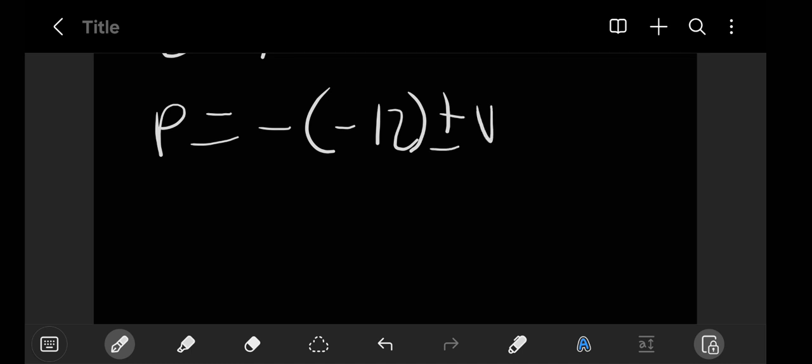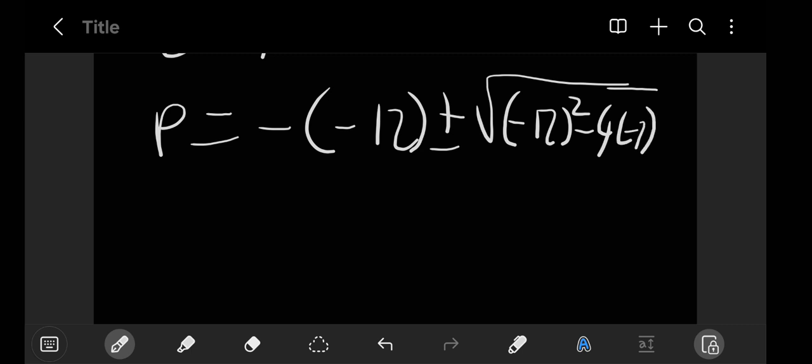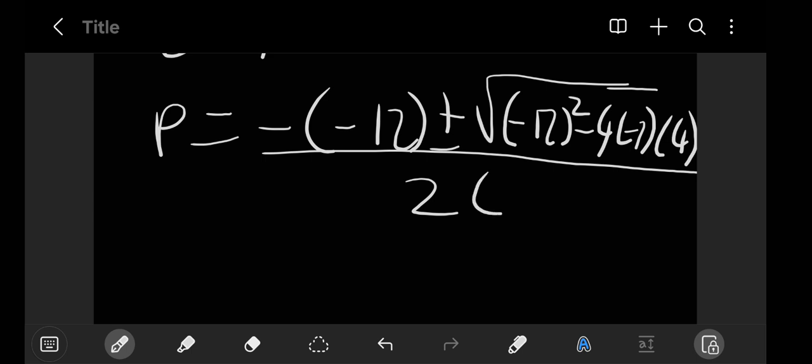Okay, so p is equal to negative, open brackets, negative 12, plus or minus the square root of negative 12 squared minus 4 times a, which is negative 7, and c, which is positive 4, all divided by 2 times a, which is negative 7.